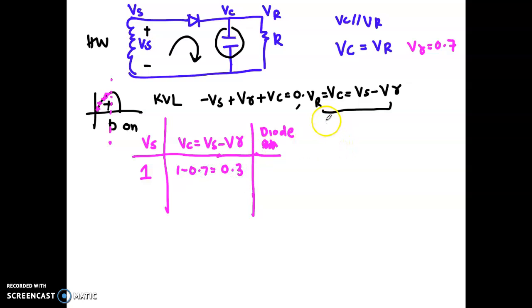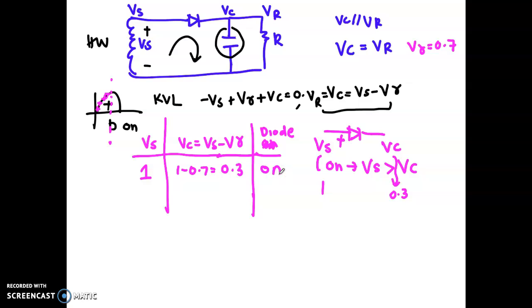Now, for the diode to be on or off, this is your diode, this is your Vs, this is your Vc. In order for your diode to turn on, your Vs must be greater than your Vc, because you need a positive supply here, right? In this condition, your Vs is equal to 1, your Vc is equal to 0.3. So now your diode is on.